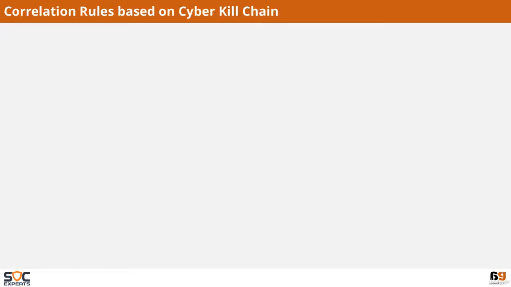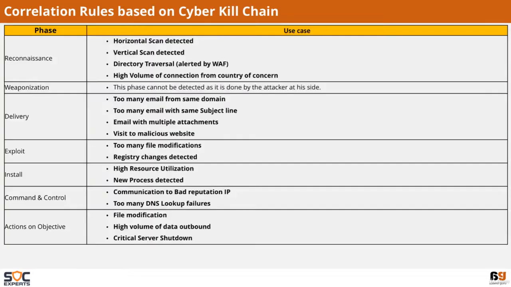There might be a question wherein the interviewer will ask you to name a few correlation rules based on each phase of the cyber kill chain. So here are the 7 phases, and the correlation rules at each phase. At reconnaissance, we have horizontal scan detected, vertical scan detected, directory traversal, and high volume of connections from country of concern.